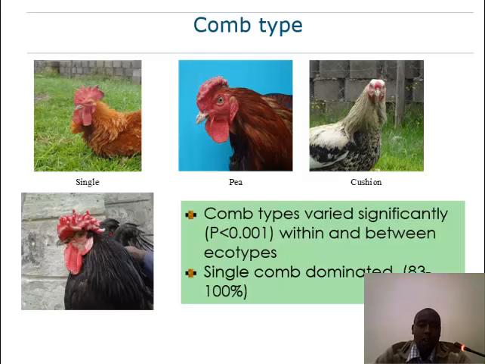The combs varied highly significantly between the ecotypes, with some ecotypes recording single comb above 83%, while some populations had single comb only. The main factor for this was that the comb has a very crucial function in terms of heat regulation in chicken.